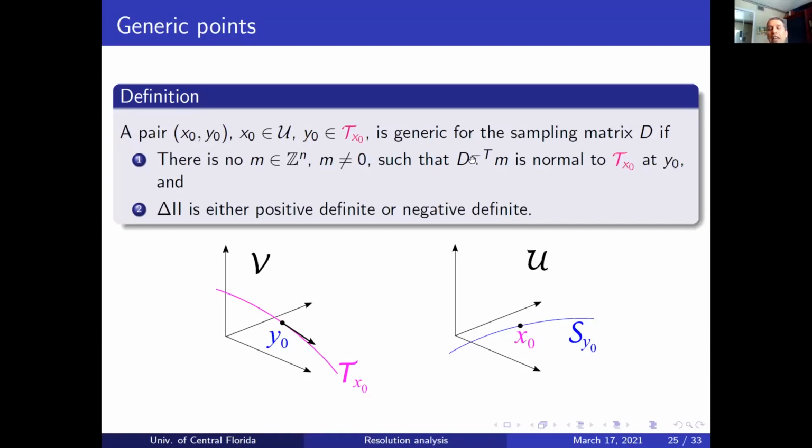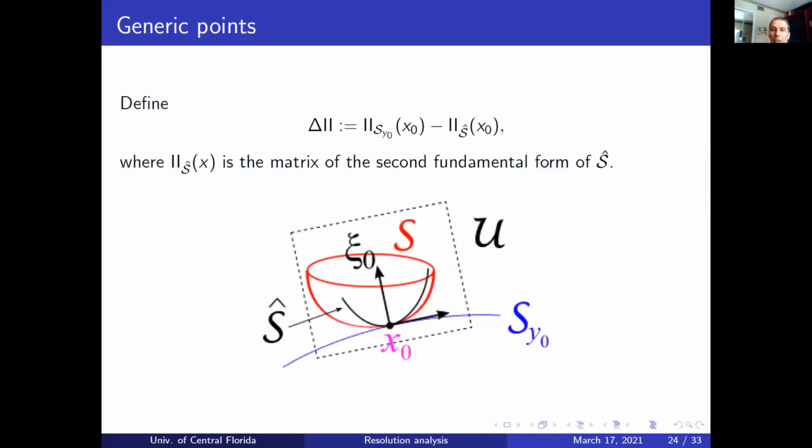So for instance, if D is the identity matrix, just think about a simple example, then there is no vector with integer components which is perpendicular to all tangent vectors to Tx naught at Y naught. And then the other condition is that the difference of the two forms is either positive definite or negative definite. Right, so the second condition is easy to understand. It's common. So basically, it just says that there is a good separation between S hat and Sy naught.